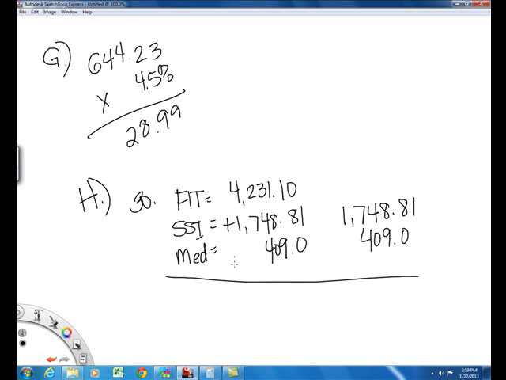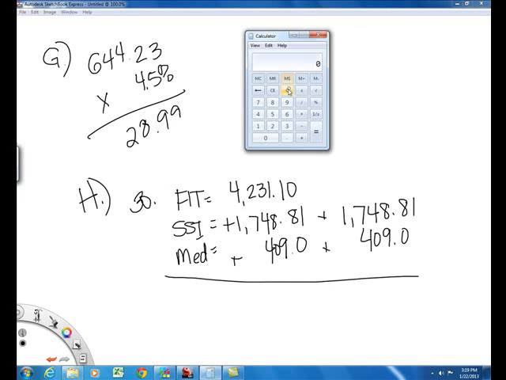Now I will add all of these together, and that will give me the amount that is due to the IRS.